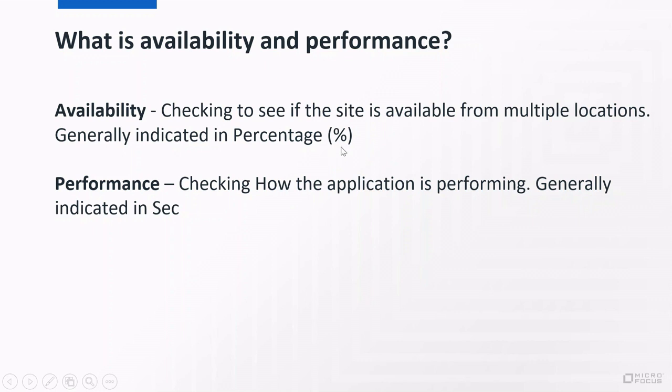Availability is like, how much of the time are you available when I hit a request to the application? Generally it is indicated in percentage. And performance is how much time it takes to complete one page, how many milliseconds it took. That is measured in seconds basically.